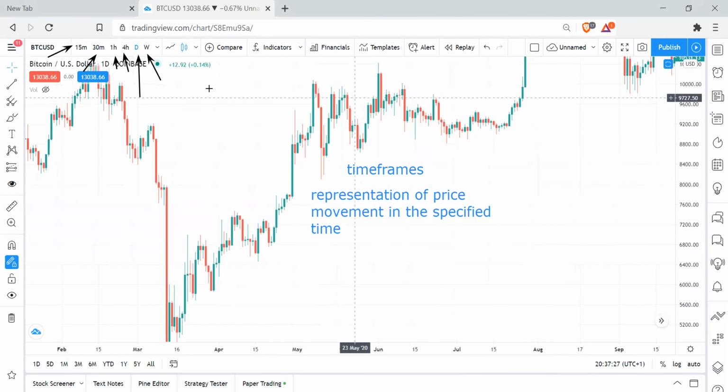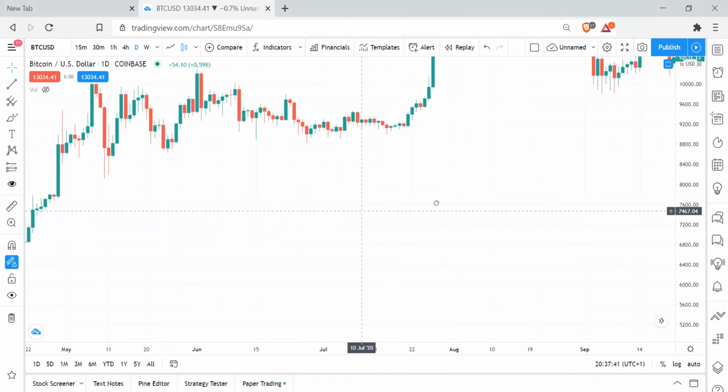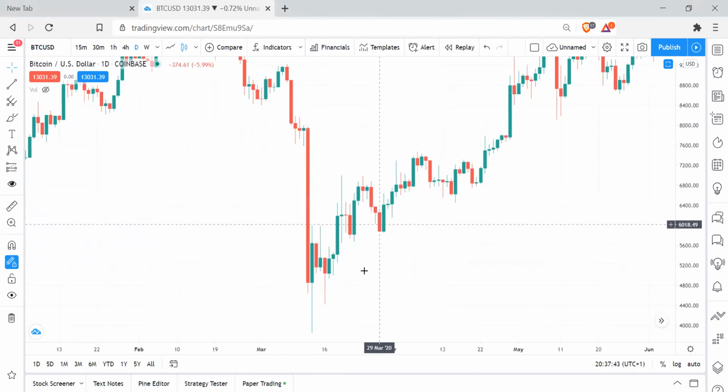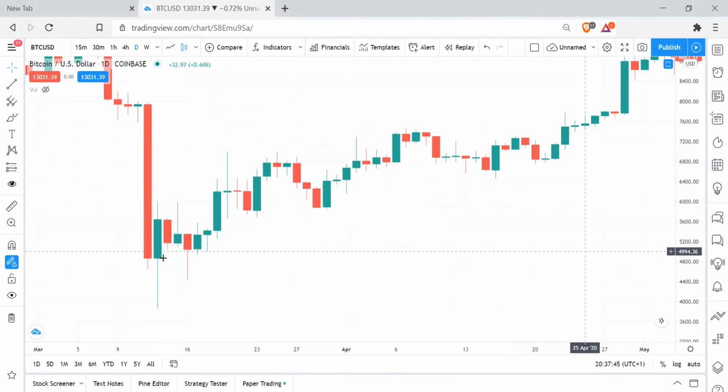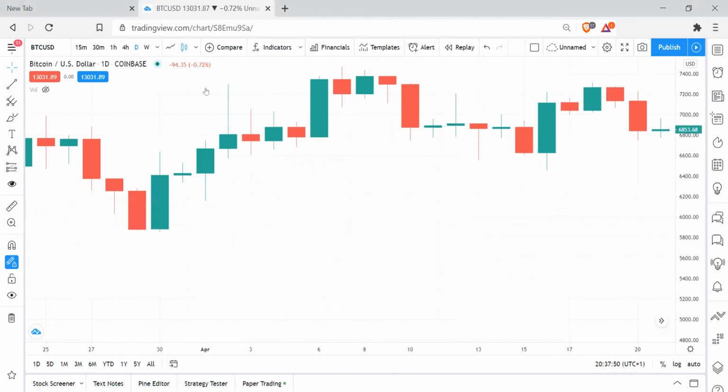The time frame we're on here, as you see, is the daily time frame, meaning that it would show price movements in how much time? In one day. Let me zoom this in a little more. Okay.